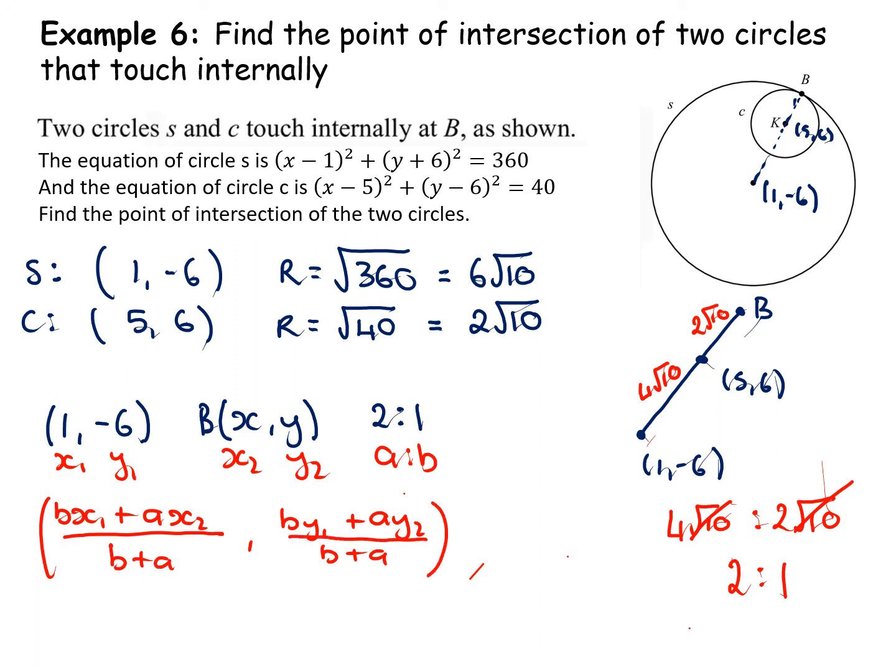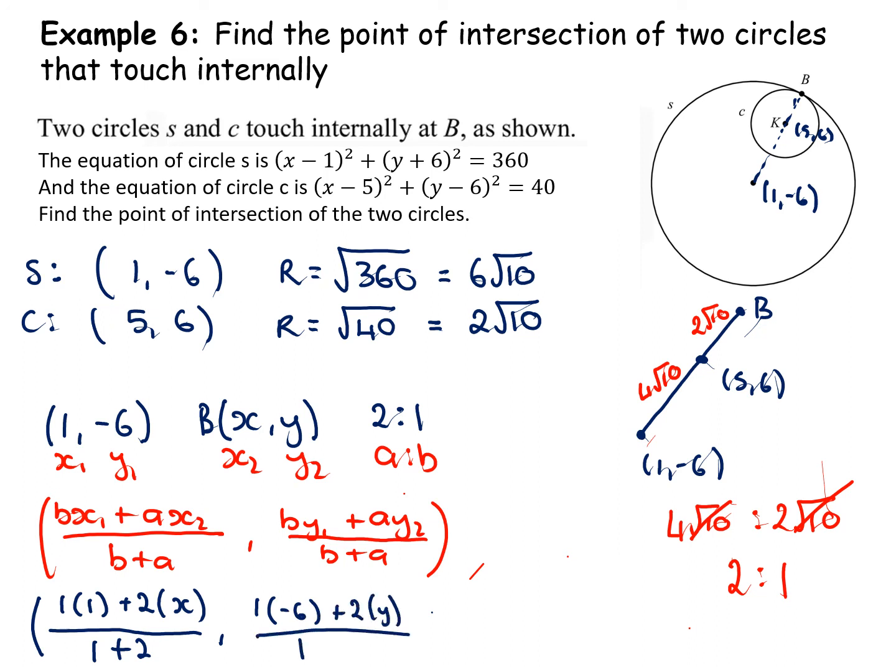So when we fill into this, we have 1 times 1 plus 2 times x all over 1 plus 2. And here we have 1 times minus 6 plus 2 times y all over 1 plus 2. And we know that this should give us the point in the middle, which is (5, 6).